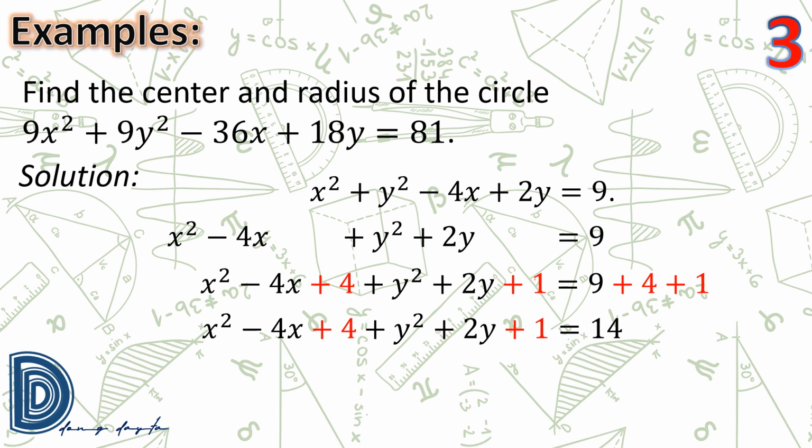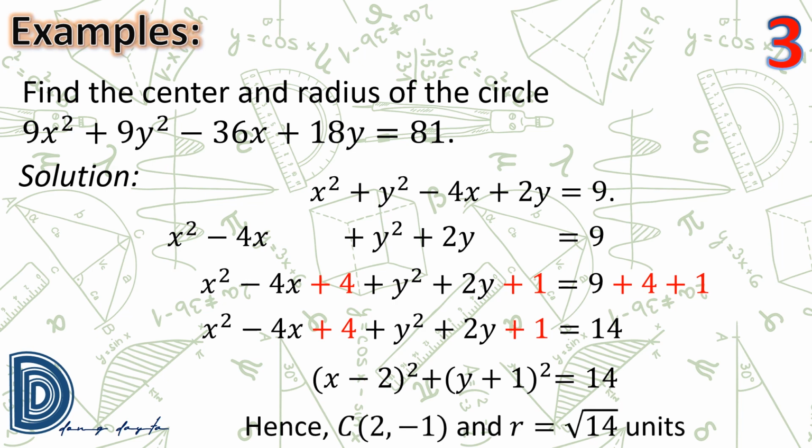Rewriting the square trinomials in the left hand side of the equation as square of binomials, we have x minus 2 squared plus y plus 1 squared equals 14. Therefore, the center is at 2, negative 1, and the radius is equal to the square root of 14 units.